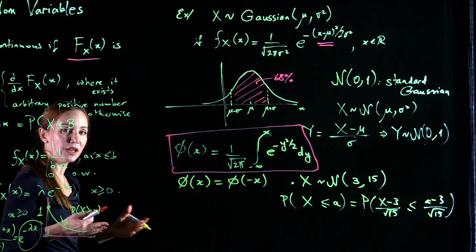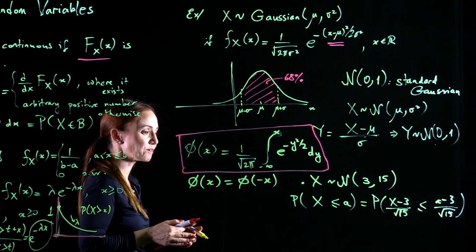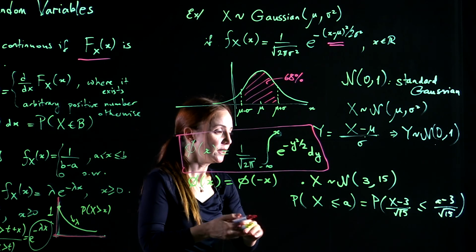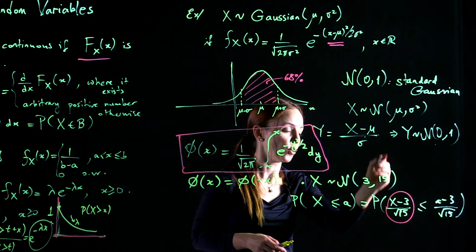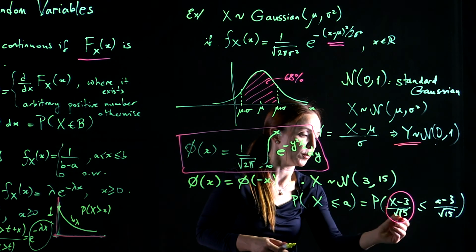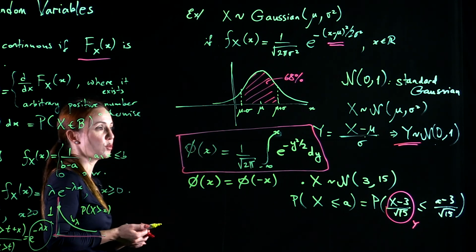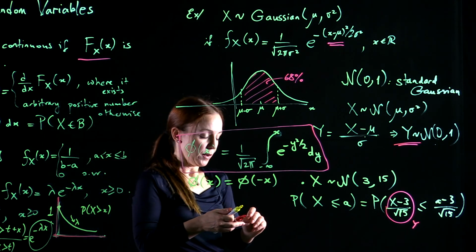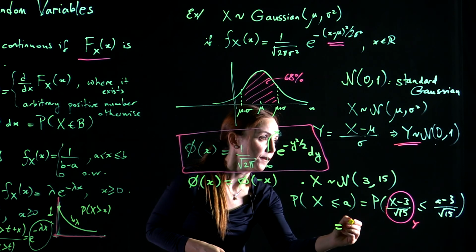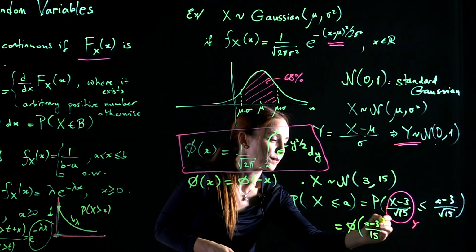This is a glimpse of how we work, by the way, with a function of a random variable. And since this, by our normalization idea, let's call this y, is normal with mean 0, variance 1, this is equal to phi of (a minus 3) over square root of 15.